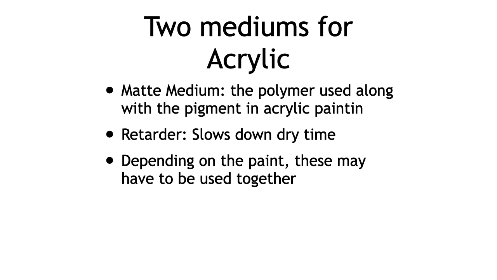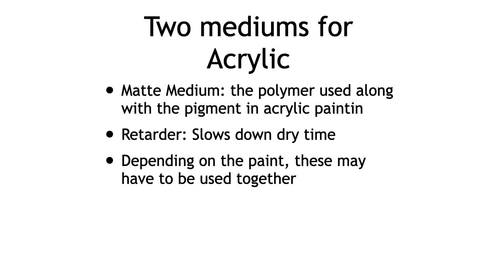Depending on the paint, you may have to mix them together. So for both the oil paint and the acrylic paint in your kit, you're meant to have a squeeze bottle of some kind. If you bought the kit from the bookstore, it has the squeeze bottle in there. If you didn't buy the kit, you've got a week to get this together. You should get a shampoo bottle or a little disposable travel size bottle that you can mix your medium in.